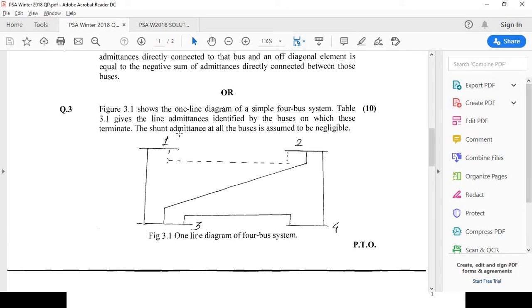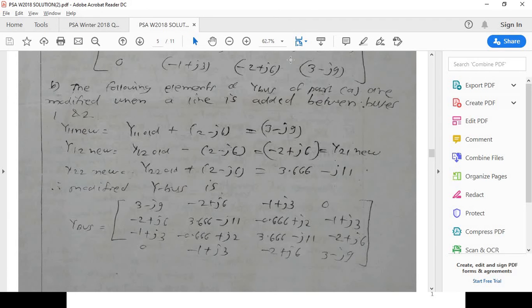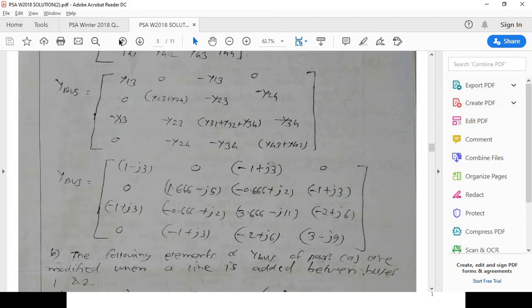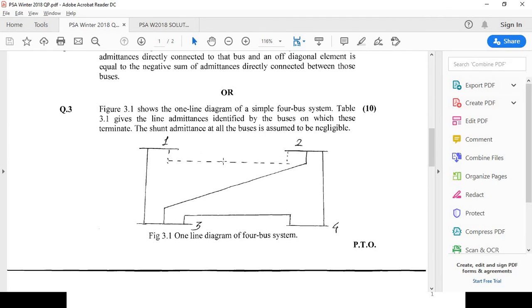That is y11. In case of y11, this y12 will be added. Then in the calculation of y12, instead of 0 as in the last case, because there was no connection, in this case it will become minus y12.